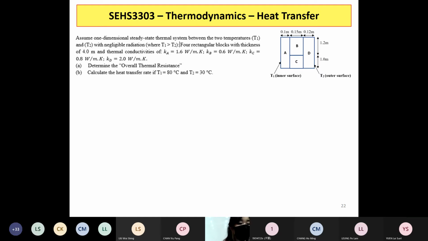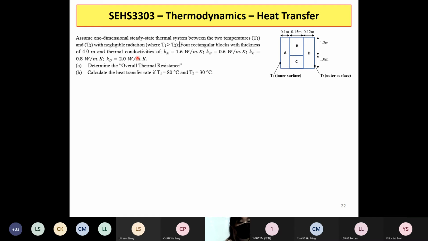First, we assume a one-dimensional steady-state thermal system. Here, pay attention, one-dimensional and steady-state, between two different temperatures with negligible radiation. And we assume T1 is larger than T2. So we consider a rectangular box with a thickness of 4 meters.